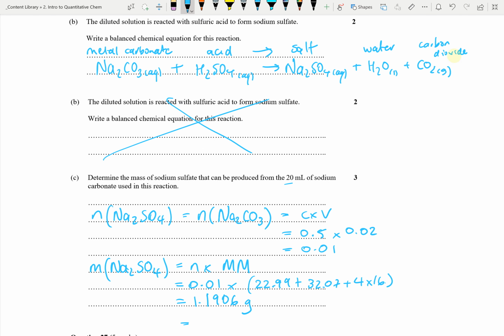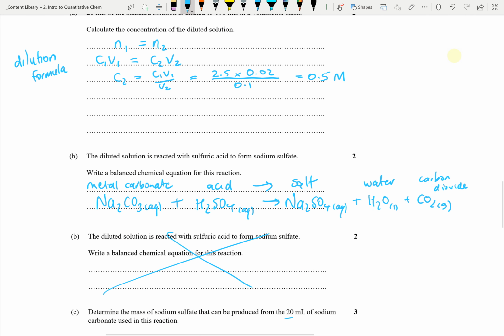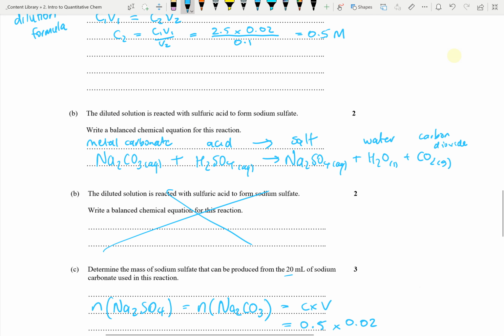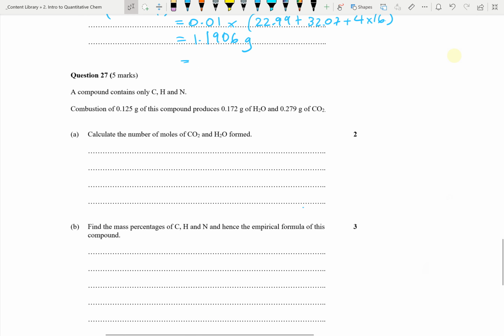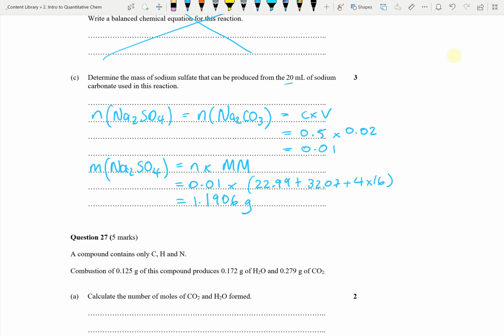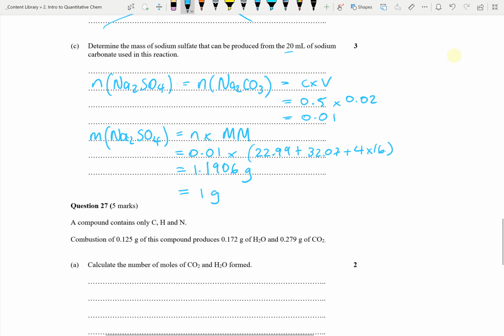And to 1 sig fig would make that just 1 gram. It's not a great question for sig figs. I guess technically we're going to go one sig fig if you wanted to be crude about it. Sure, 1 gram.